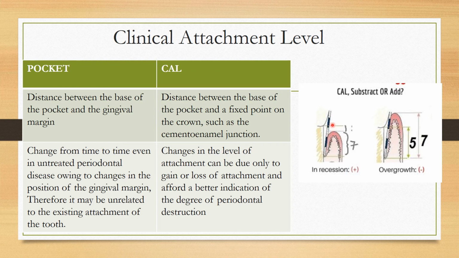That is why it doesn't indicate the severity of periodontal disease. Whereas the clinical attachment level is fixed, since a fixed point on the crown is taken as the reference. So changes in the level of attachment can be due only to gain or loss of attachment and afford a better indication of the degree of periodontal destruction. So the clinical attachment level determines the severity of periodontal disease.